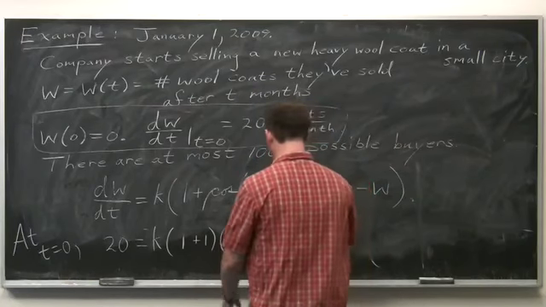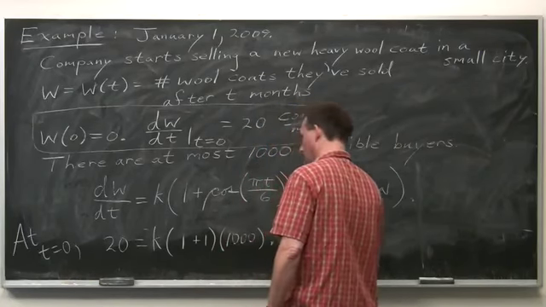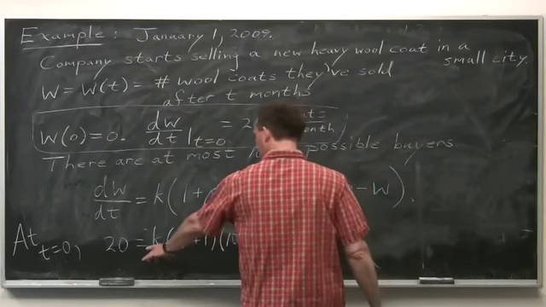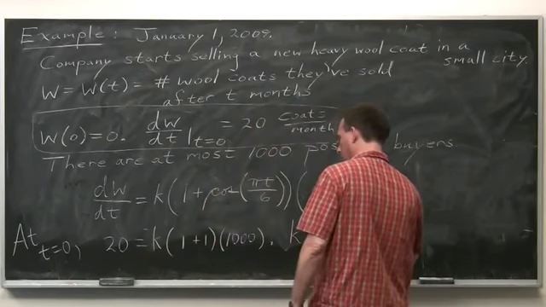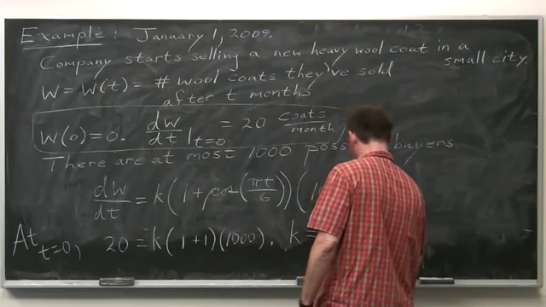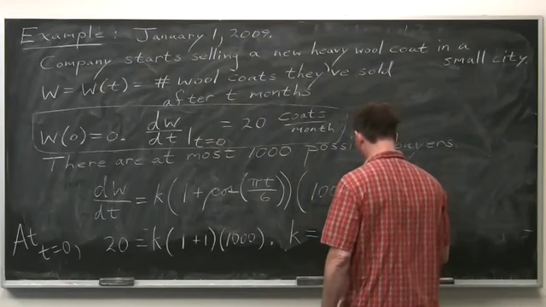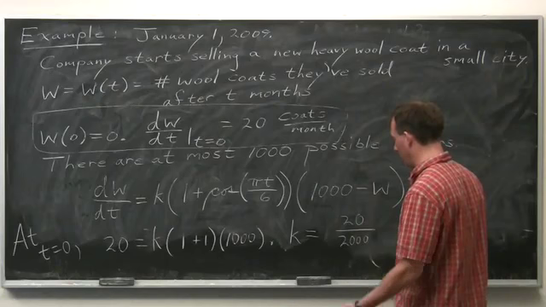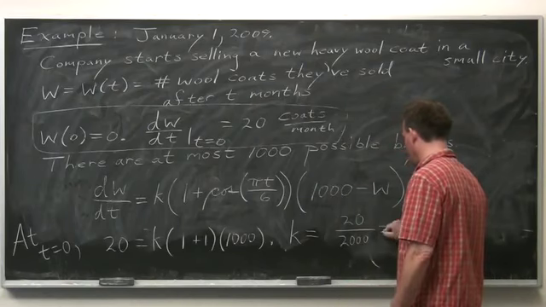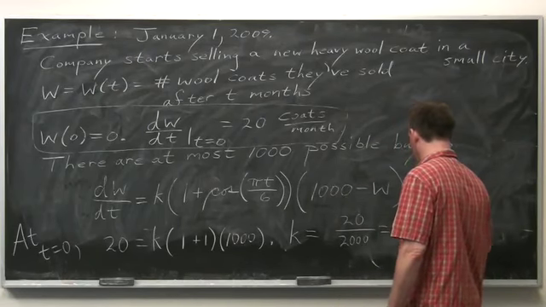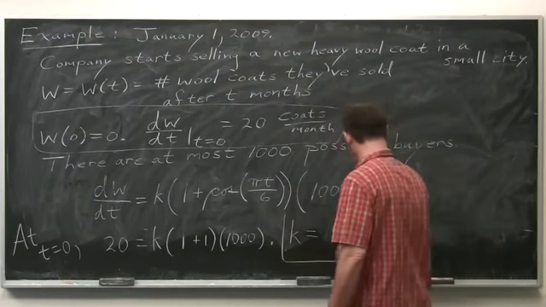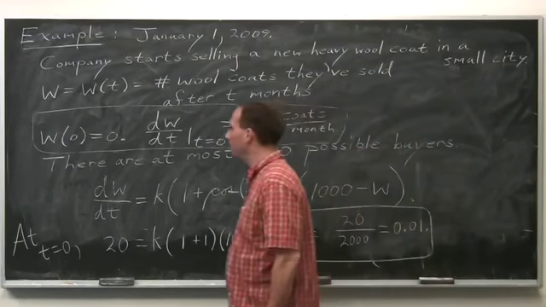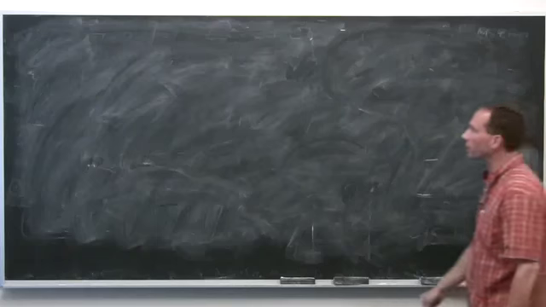So what do we get? We get that k is 20 divided by 2,000. That's the same as, divide numerator and denominator by 20, 1 over 100. 0.01. 100th. That's k.